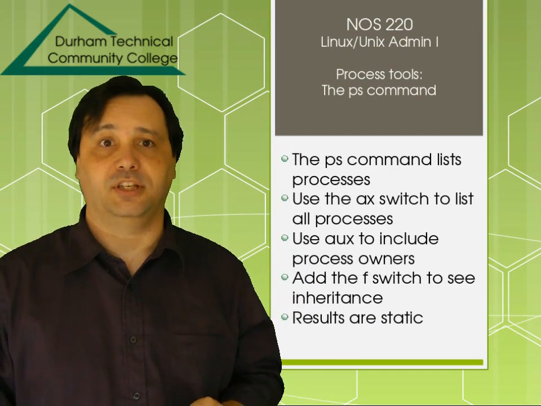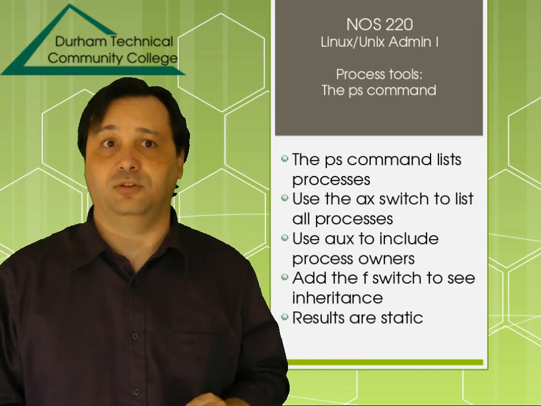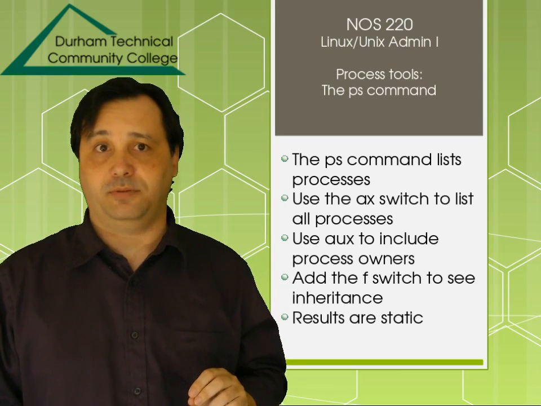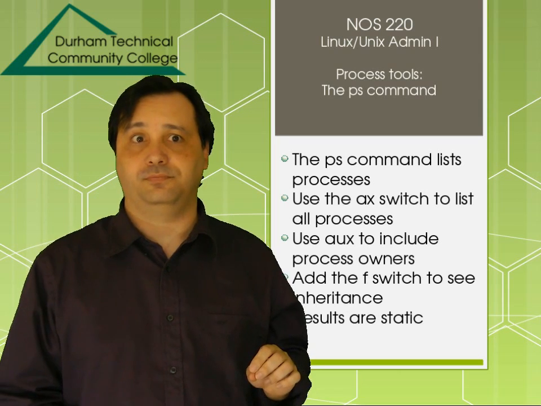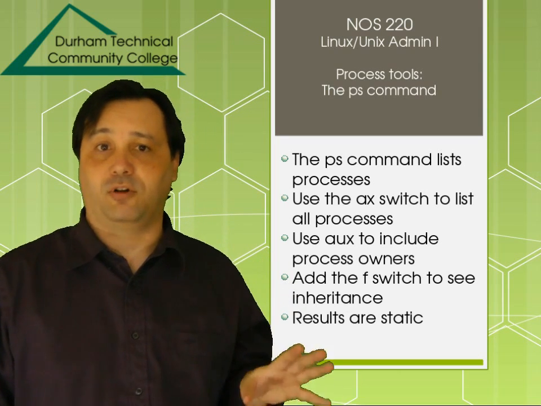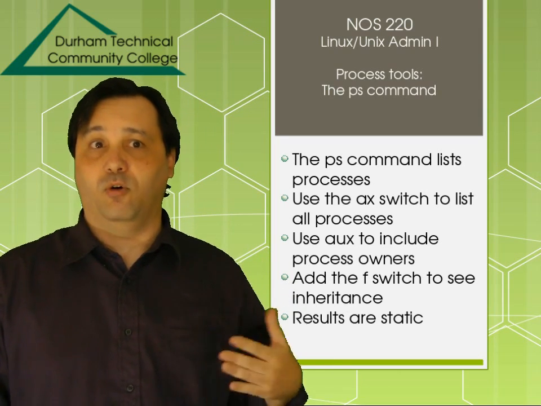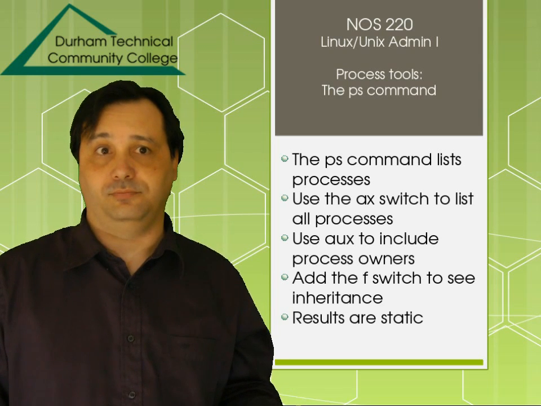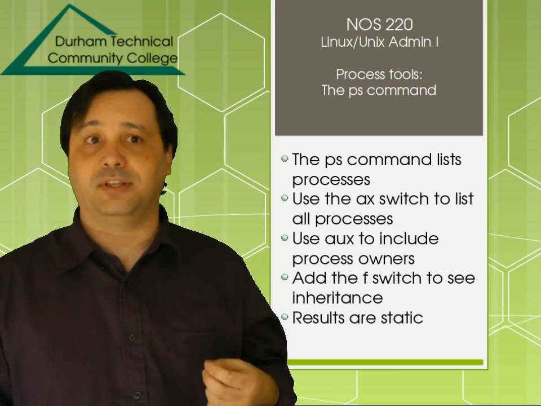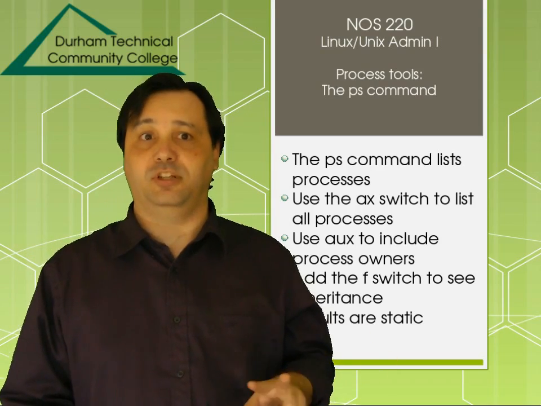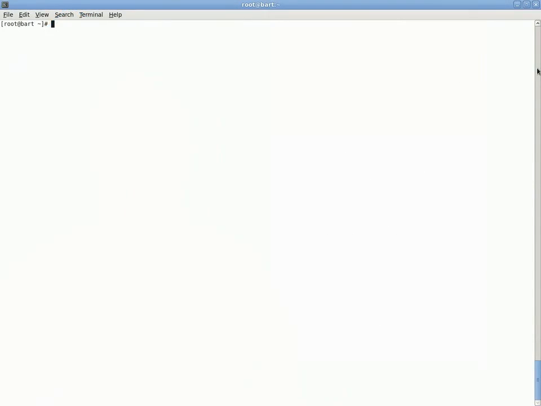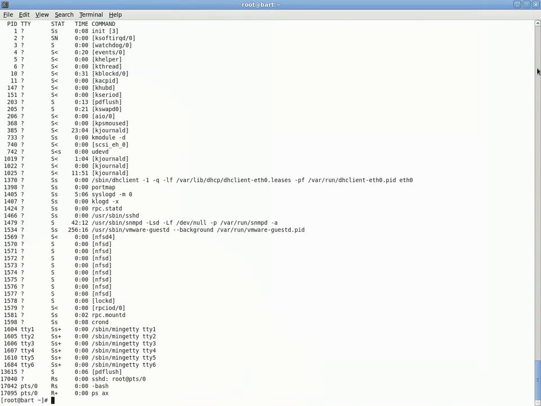All of this information can be seen using the process listing tools, ps and top. Of the two, ps is the simpler. It provides a snapshot of currently running processes in order of process ID. In order to get a listing of all processes, the ax switches need to be used, and aux should be used if owner information is desired.